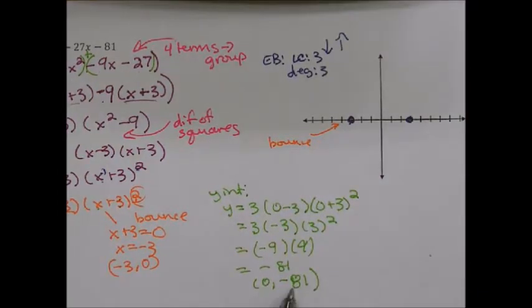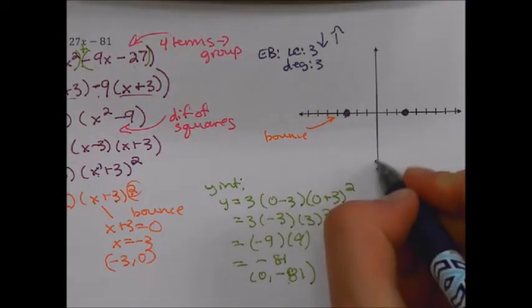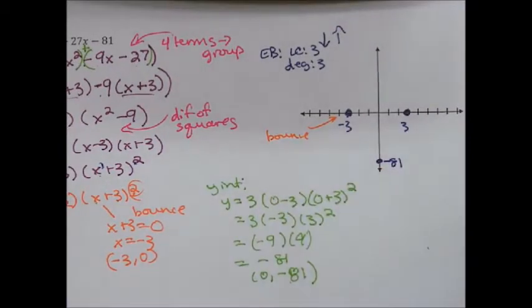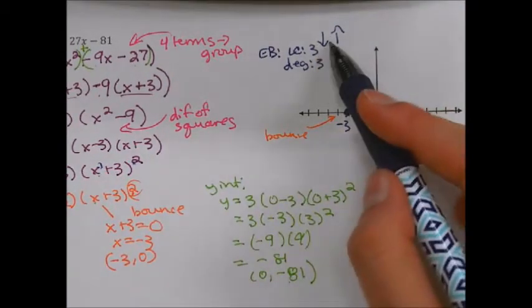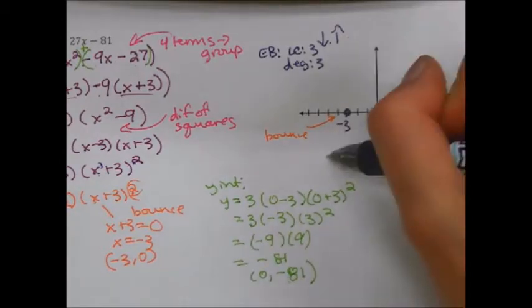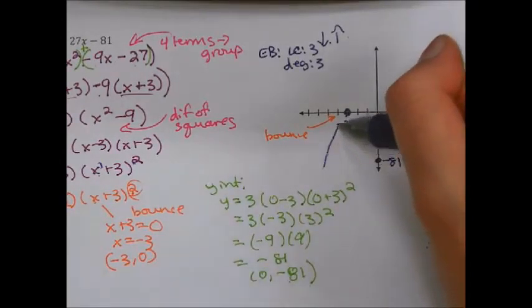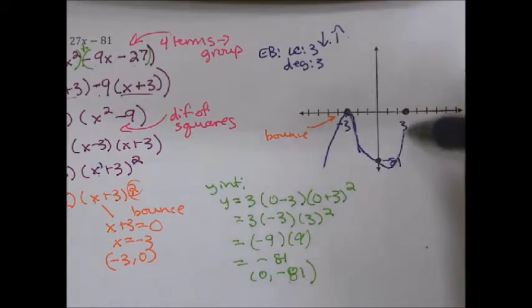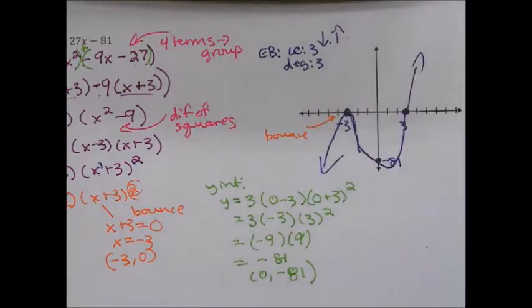Our y-intercept is negative 81. And we're going to go down, up. So we're starting down. We need to make sure to bounce. And then we go up.